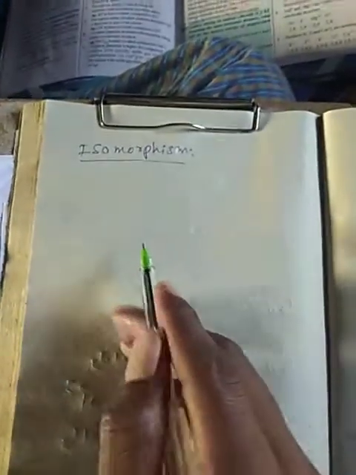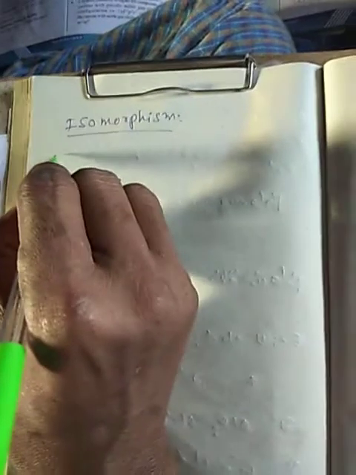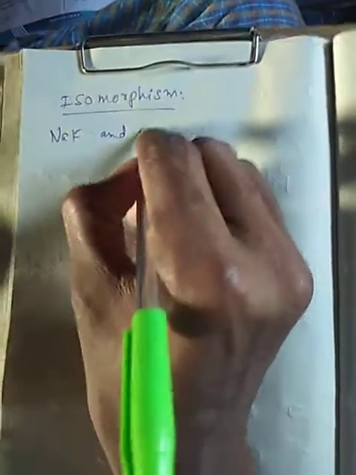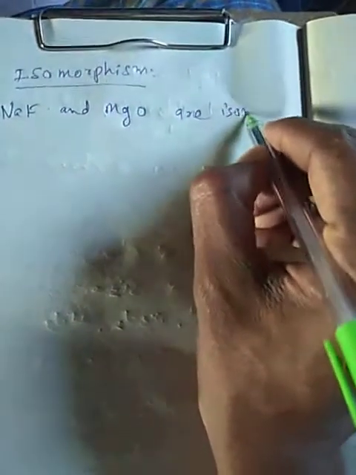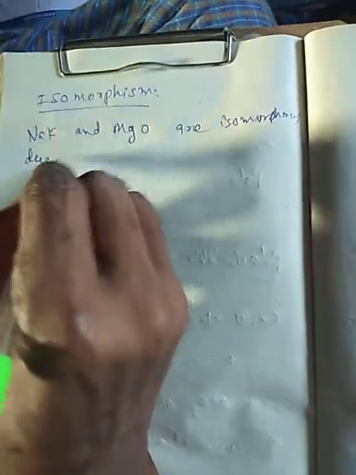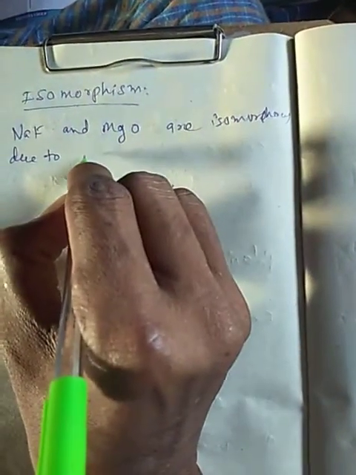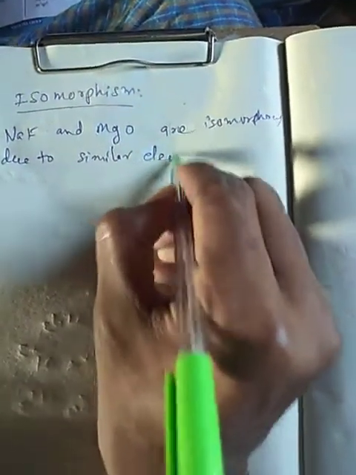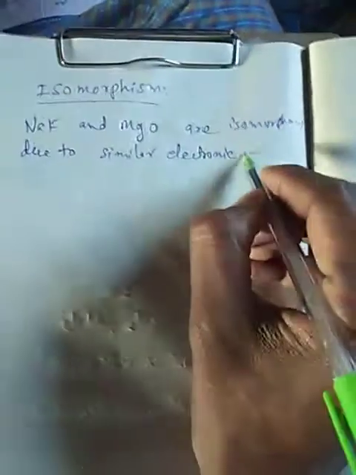Now the next concept I am going to explain, that is isomorphism. What does isomorphism mean? See, NaF and MgO are isomorphous due to similar electronic structure.